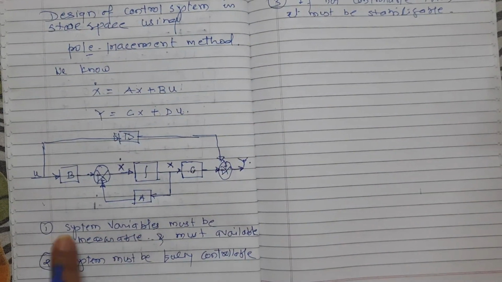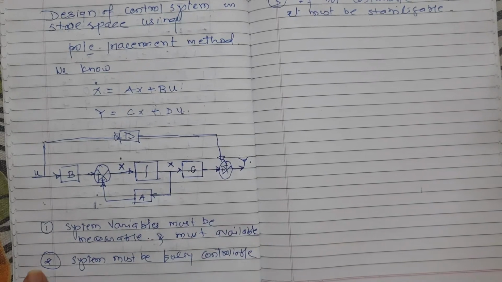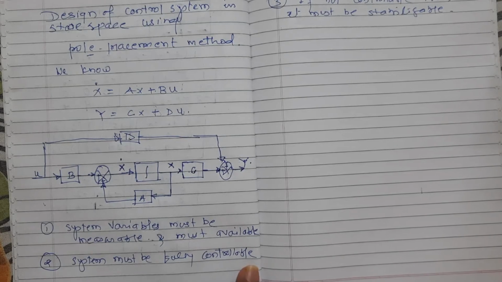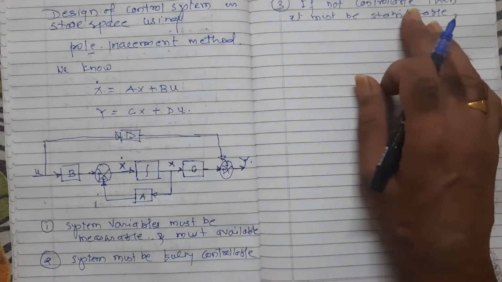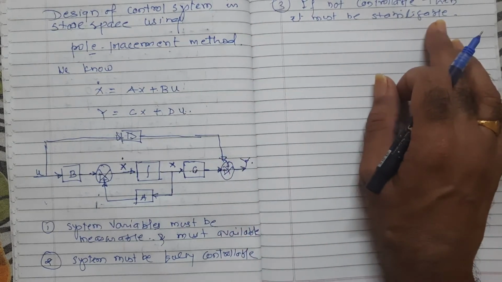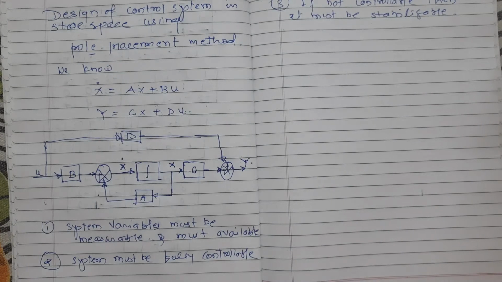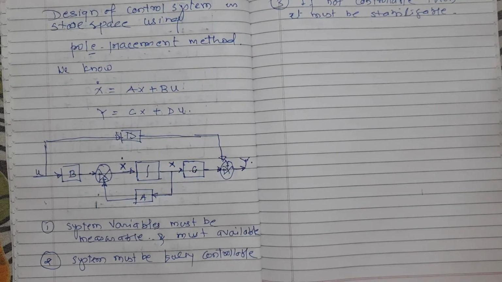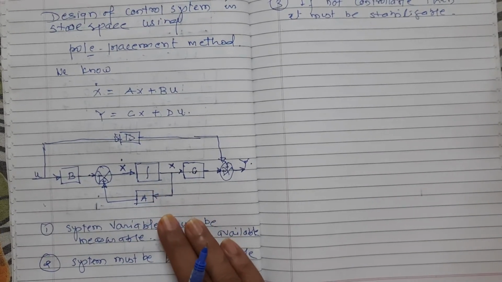First is, my system variable must be measurable and must be available at any time. The system must be fully controllable, it is a must, if it is there, it is okay. If it is not controllable, then it must be stabilizable. Now see here, if the system is controllable, that means it is stabilizable.